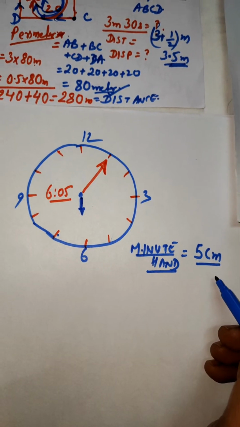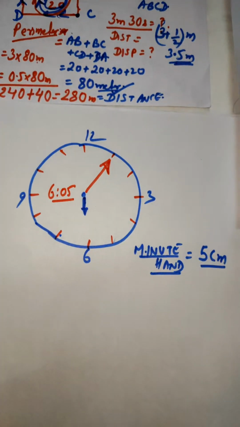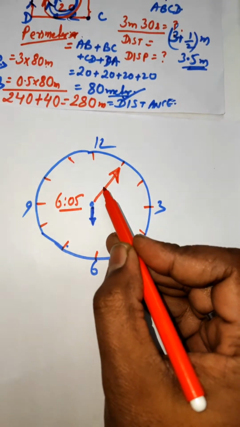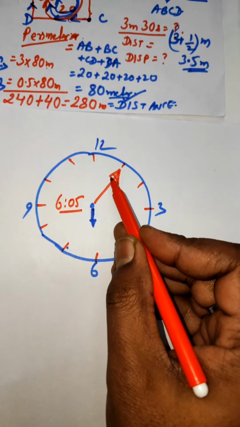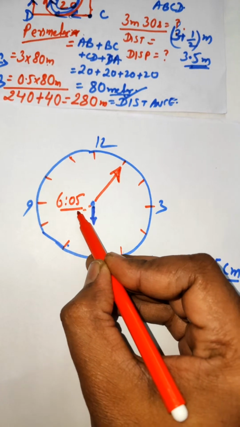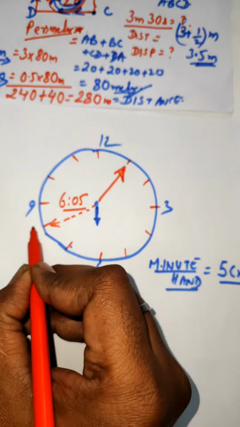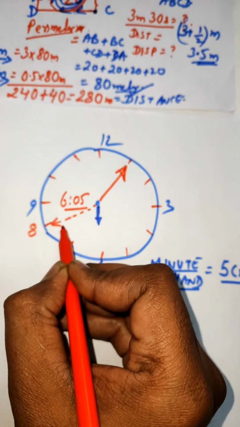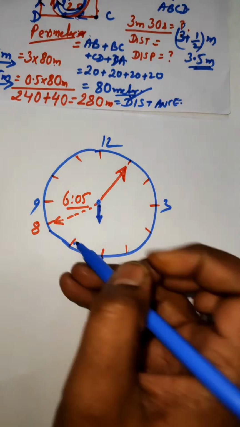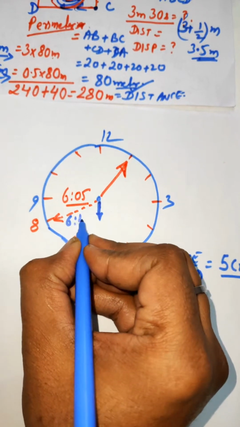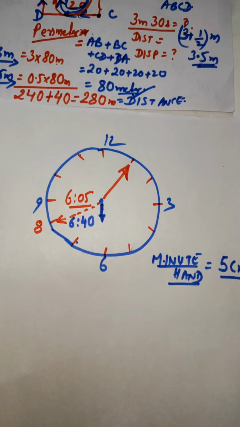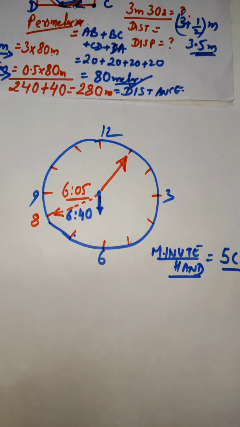So when 6:40 will be there, where will the minute hand be? It will be coming at this position, because when the minute hand is at 8, it is 40. So this is the position of 6:40. Now what is the distance covered?